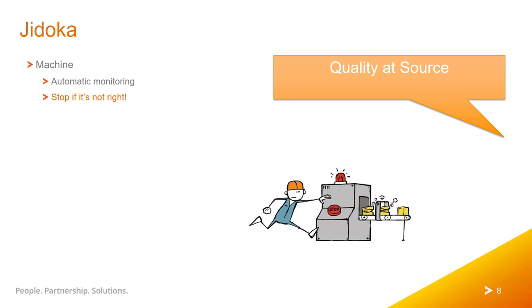That might be weighing the items as they pass through, and if there's a discrepancy in the weight, then that can be a sign that something's not right. And with that automatic monitoring, then the principle would be to stop if it's not right, rather than continuing to do something which is essentially wrong and is going to feed into problems down the stream and be more difficult to put right.